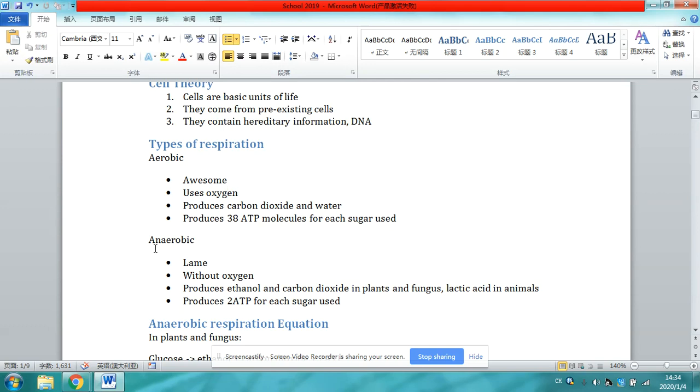And the yeast, after doing anaerobic respiration, have produced ethanol. And that's why alcohol is alcohol, because it has ethanol in it. Well, anyway, that's a fun fact on how wine is made. I'm pretty sure there are other things, like making bread, right?